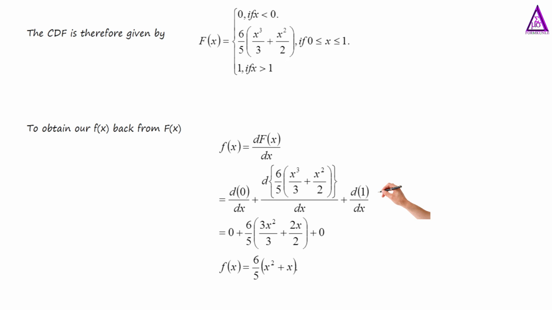When we differentiate 0, it gives us 0. When we differentiate the middle one, we have this. And when we differentiate the 1, we have 0 because they are constant. And we can see that we obtain our given probability density function back.